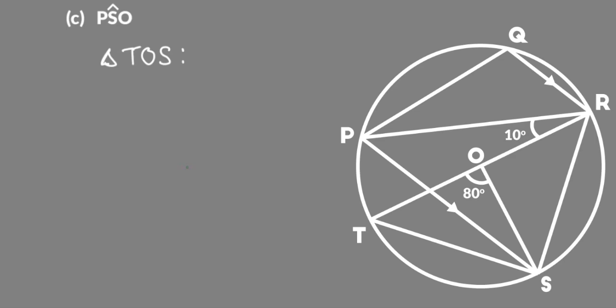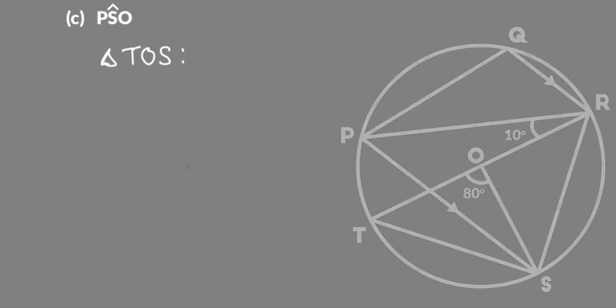If we look in this diagram, they've told us that O is the center, and we can see that T is on the circumference of this circle, the same as point S. We can make a conclusion that TO and the distance SO are both radii. Therefore, the triangle TOS is isosceles. And because it's isosceles, the base angles are going to be equal.